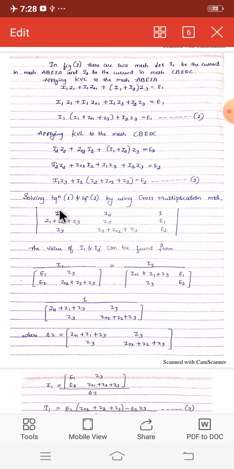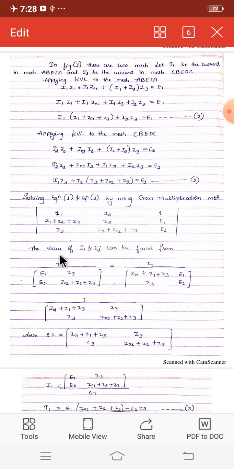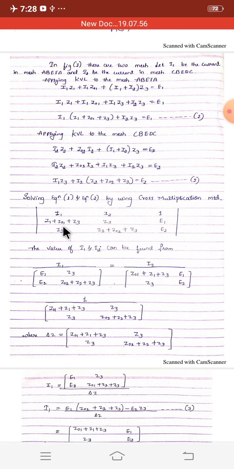We want I1, so leave this row and this column, so take I1 divided by the remaining term: Z3, Z02 plus Z2 plus Z3.